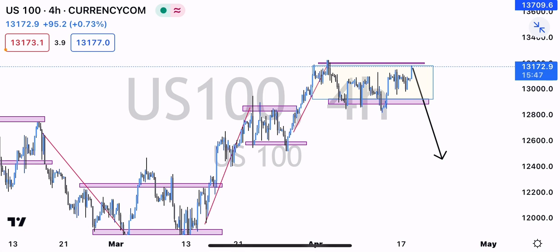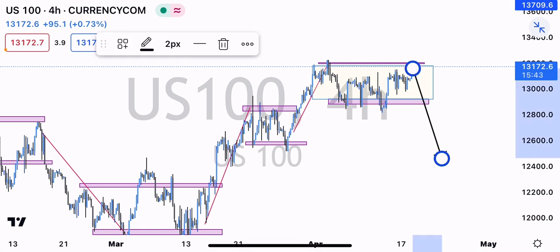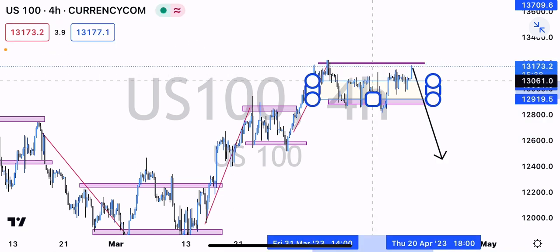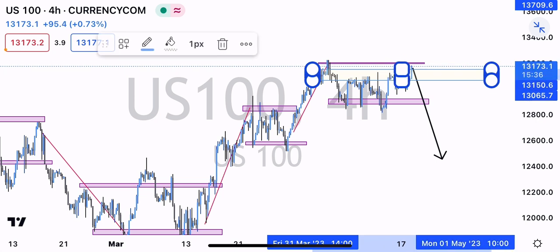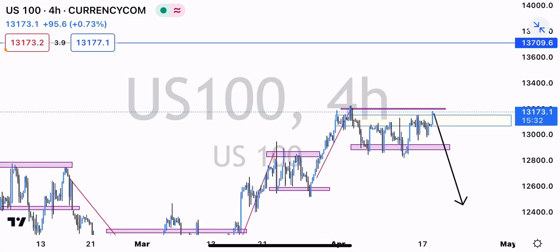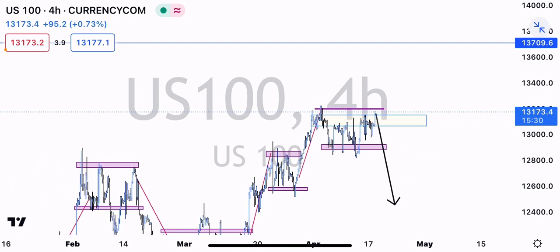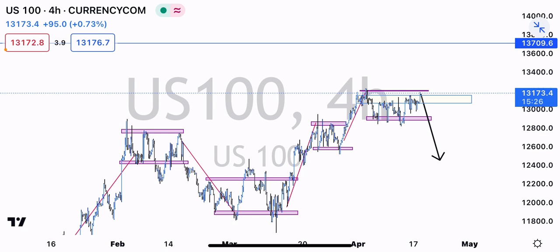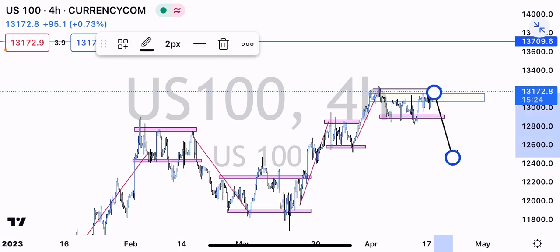So one thing I know, why I believe that the market will not go up, is because, let me show you something. The market has been going up, down, up, down. So for now, the market doesn't have a reason to go up.